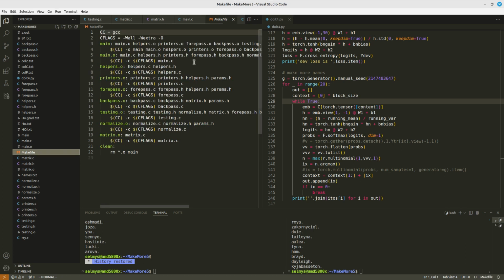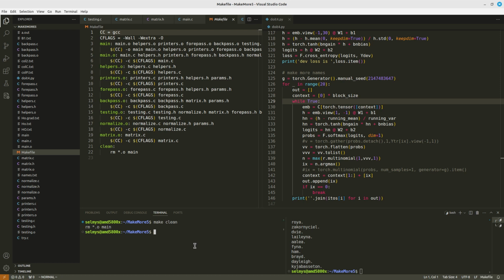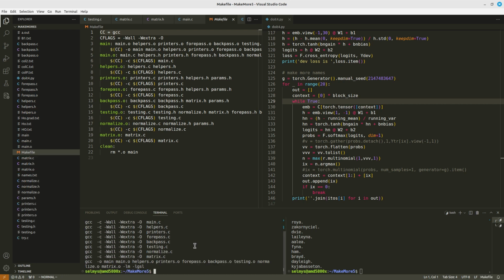I put together a makefile here to make my life a little bit easier, so I can run my own stuff. I can say make, and it builds everything up for me in one line, and I can run it.